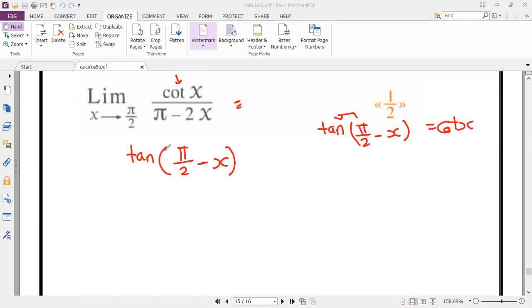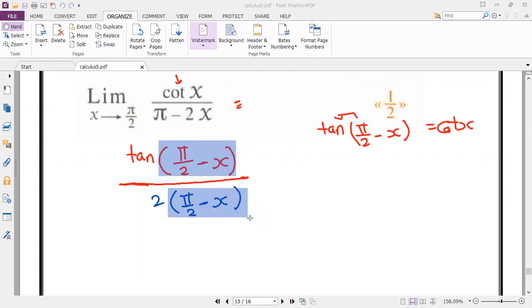Cotan x is the same as tan of pi over 2 minus x. And we try to adjust it down here to make pi over 2 minus x. So if we take 2 as a factor here, pi divided by 2 is pi over 2, and minus 2x divided by 2 is minus x. Then we have the same variable here. This variable is like this variable here. So we divide the coefficient by the coefficient. It's 1 at the top and 2 at the bottom. So that is going to be half.